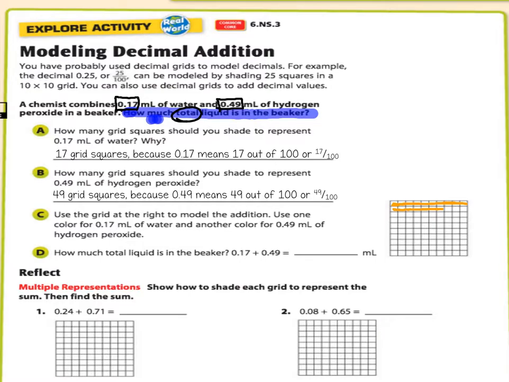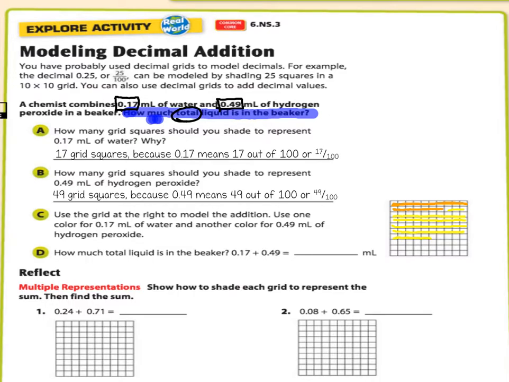So here I'm going to use yellow. Now to do the 49 hundredths, I am going to do 10, 20, 30, 40. But then instead of doing 9 right away, I'm going to do 3 up here, so that's 43, 45, 46, 47, 48, 49. Well, now let's take a look at this and count.